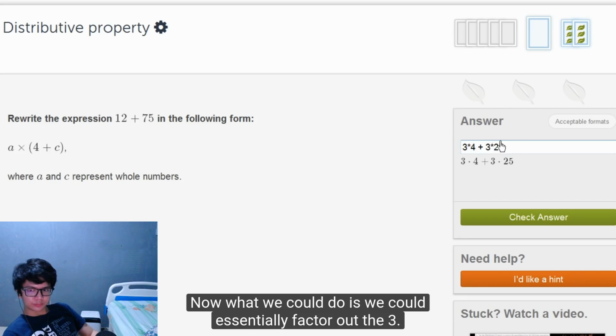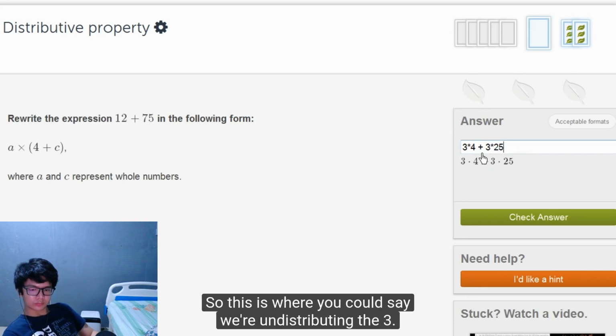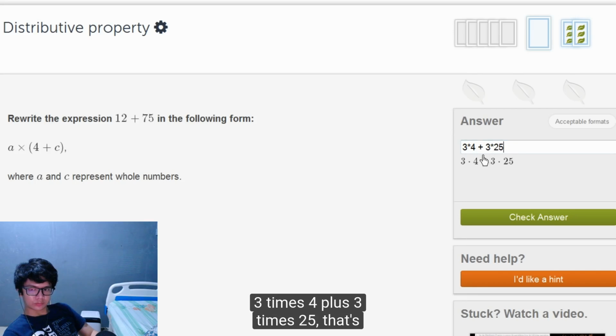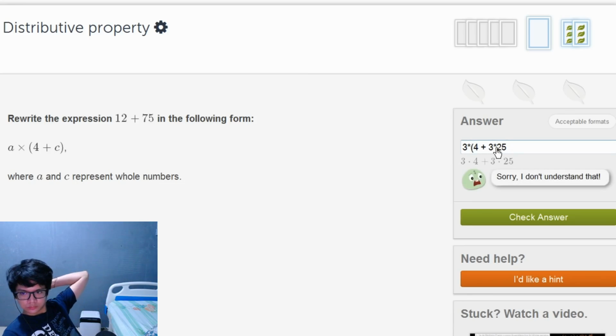Now, what we can do is factor out the 3, or you could say we're undistributing the 3. So 3 times 4 plus 3 times 25 is the same thing as 3 times 4 plus 25.